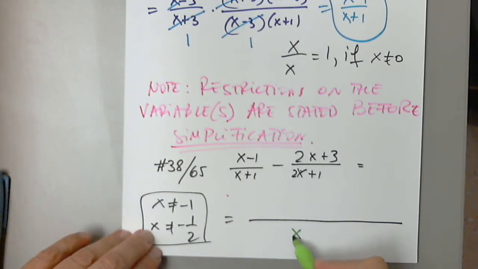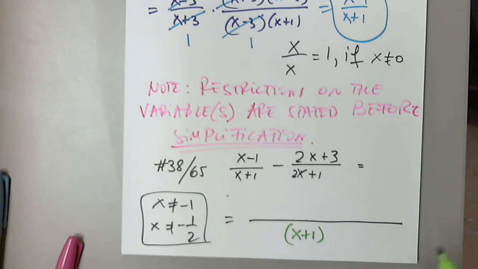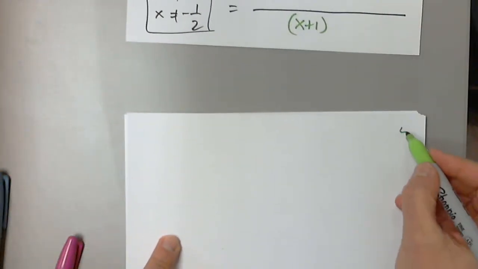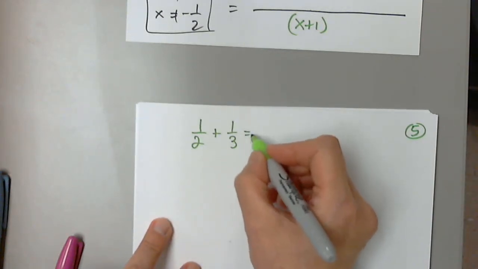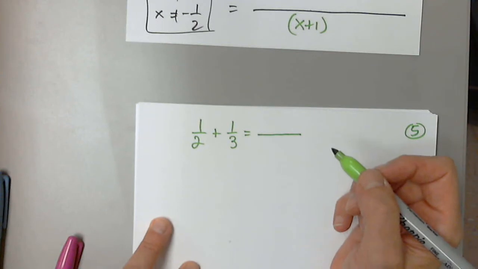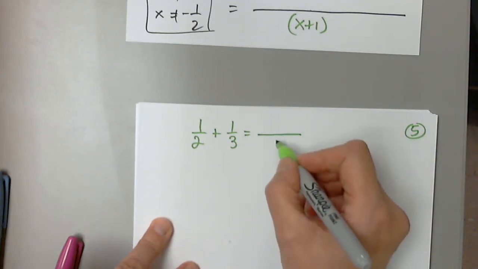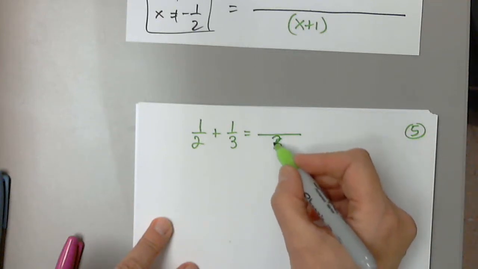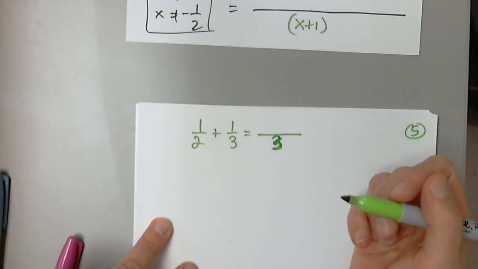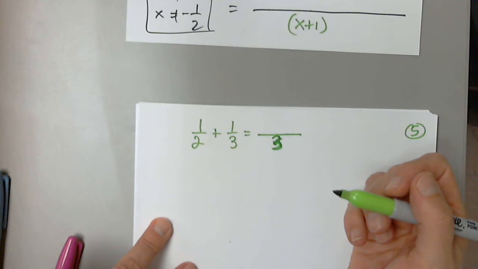Okay, so if the least common denominator is x plus 1, I have to explain something and I'll come back. So if I have 1/2 plus 1/3, what is the least common denominator? Why 6? I think I was just thinking it through only because 2 times 3 is 6.